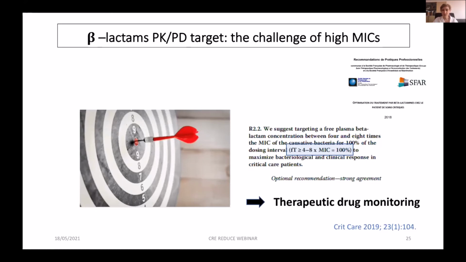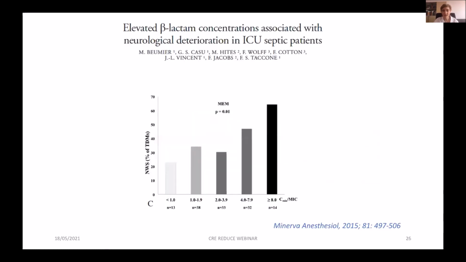As an example, we've seen that for intermediate strains for meropenem, it can be necessary to achieve concentrations up to 16 to 32 milligrams per liter. So definitely therapeutic drug monitoring is the only way to ensure that you achieve this PK/PD target.